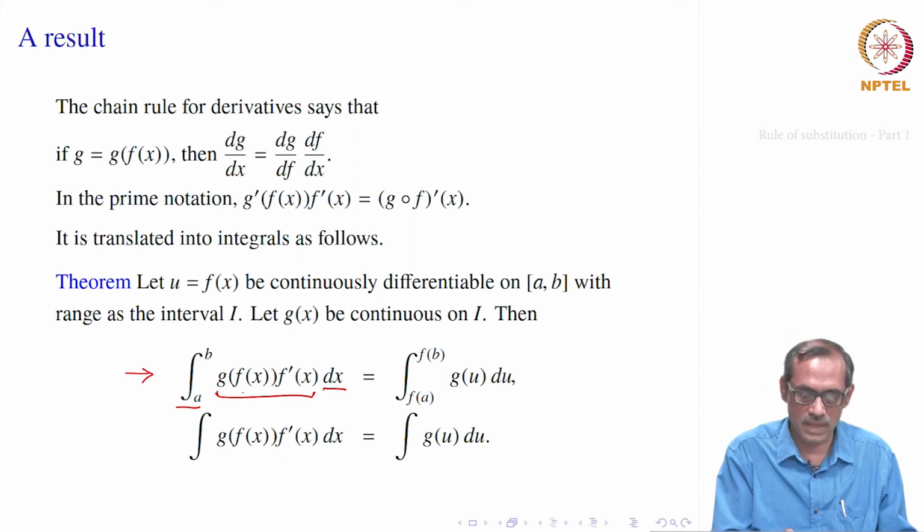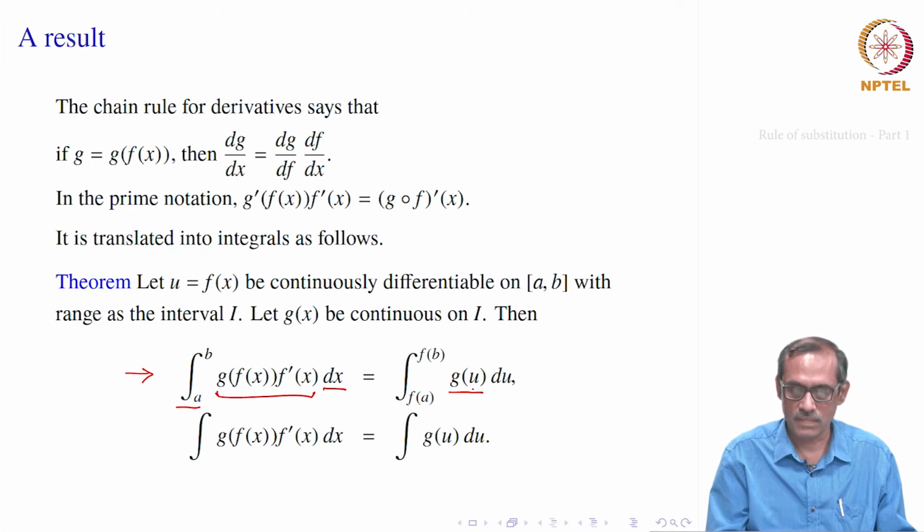So, it will be something like dg by dx equal to dg by df times df by dx. So, that should be equal to g prime of u, right. That is how it would look.